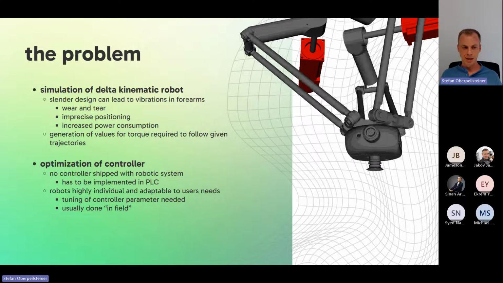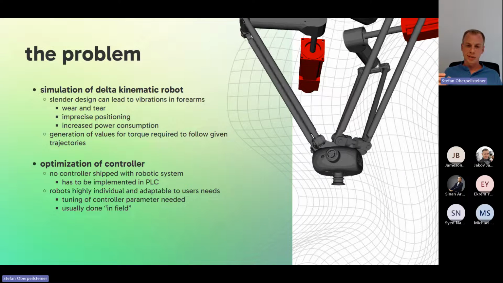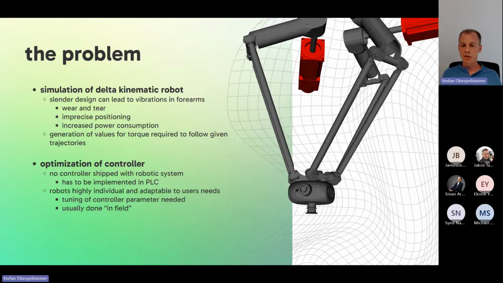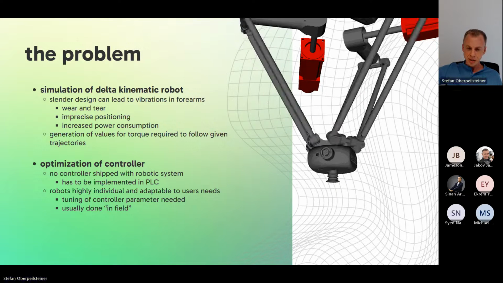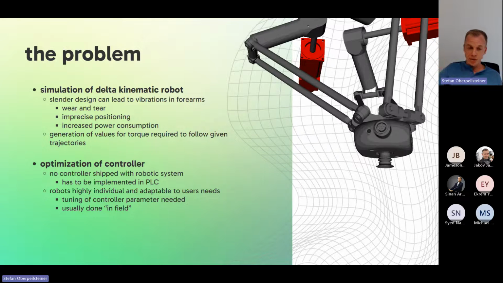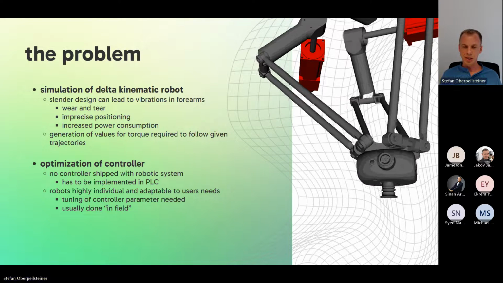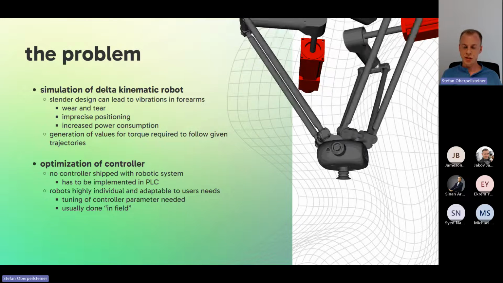Another topic here is that one can use multi-body dynamics to generate the values for the torque required to follow a given trajectory. So if you are interested in picking a part from one place and then putting it to a second position, with the given trajectory you can of course create the torques that are needed from the servo drives, and then you can decide which size of drive to choose.